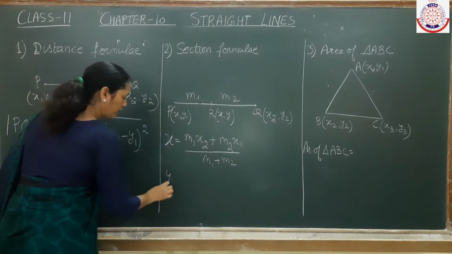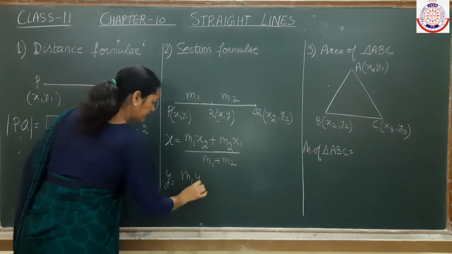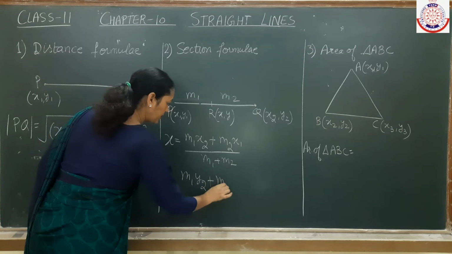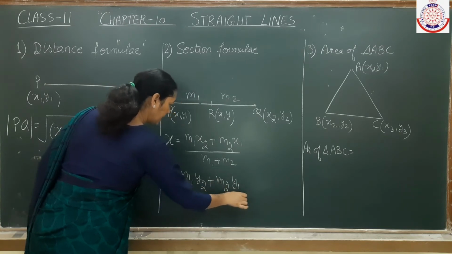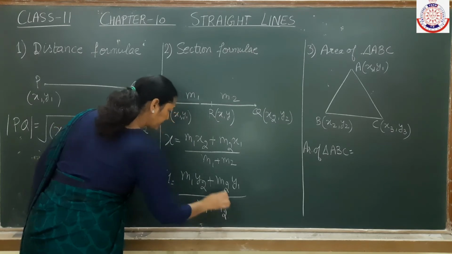And then for finding the value of y coordinate, m1 y2 plus m2 y1 upon m1 plus m2.